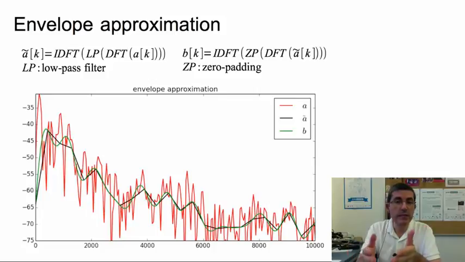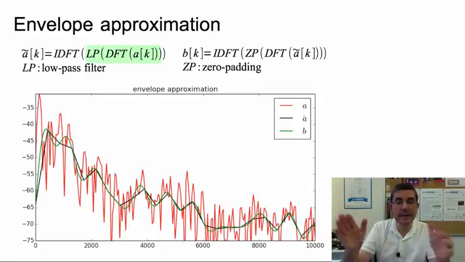In here we present a simpler approximation that is just based on low-pass filtering. And we show it by implementing a low-pass filtering using the DFT. So we start from a signal, a of k, and then we take the DFT of that, and we low-pass filter.